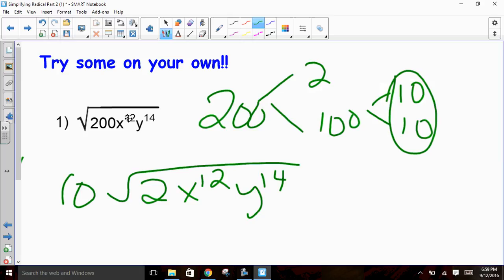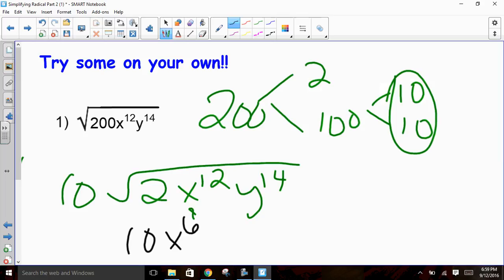So if I were to rewrite my x's like I did before, I should have 6 groups of 2, which means that I'm going to end up having x to the 6 come out. Because if I write out all 12 of those and I circle groups, I'm going to have 6 groups.